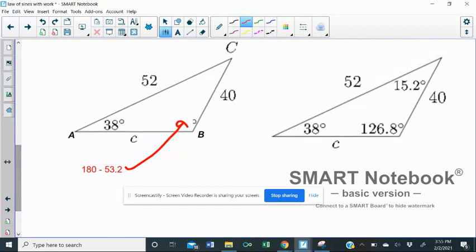All right. So again, this 126.8 comes from 180 minus 53.2. And then, of course, this guy here is 180 minus our 38, which was given, and minus our 126.8 gives me my 15.2. So I have now created two triangles.